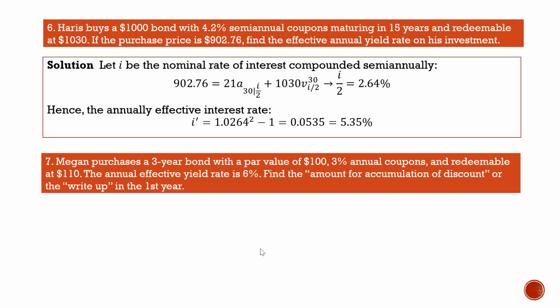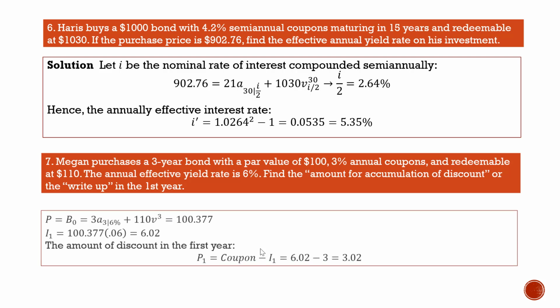So now we go to problem number 7. Megan purchased a 3-year bond with a par value of 100, 3% annual coupons, redeemable at 110. The annual effective yield rate is 6%. Find the amount of accumulation of discount, or the write-up, in the first year.